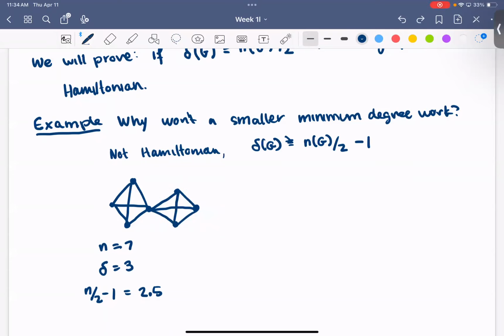The other one that I had written down was a complete bipartite graph where the two partite sets differ in size by 1. For example, 3 vertices on one side and 4 on the other.